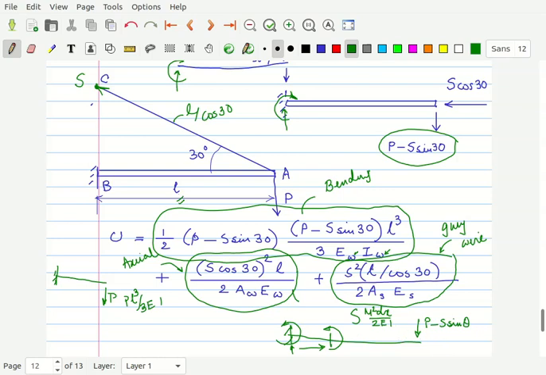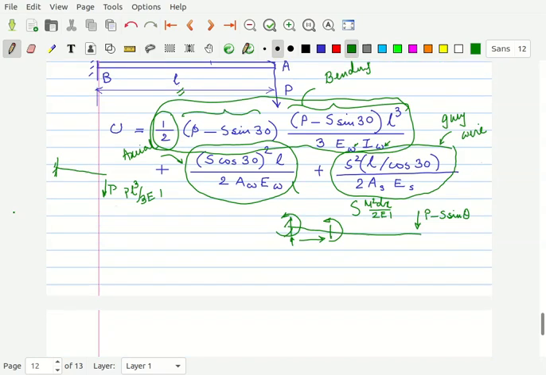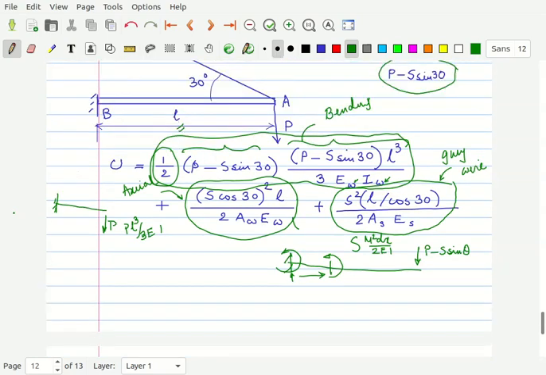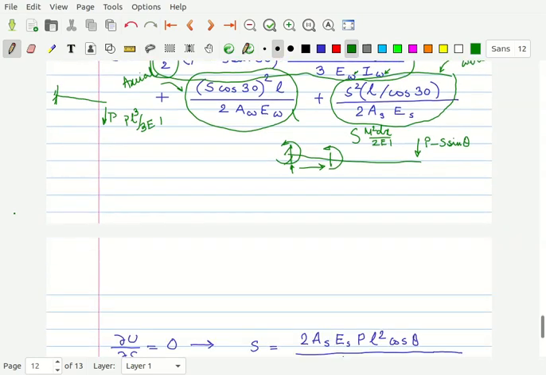But that would have given you the same expression for strain energy if you just directly multiplied the load with the deflection at the point of application of the load in the direction of the load, and half here. So you would have got the same expression for the transverse bending strain energy.